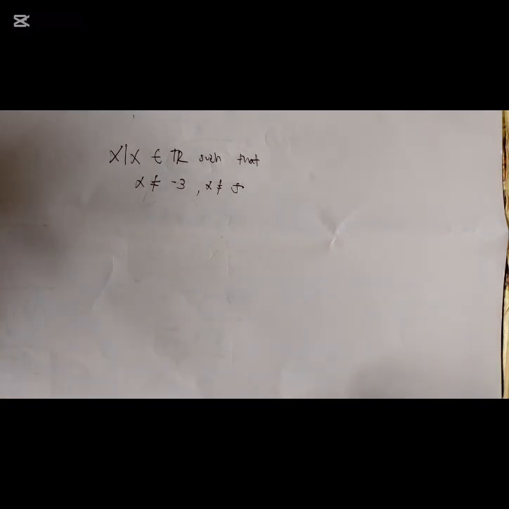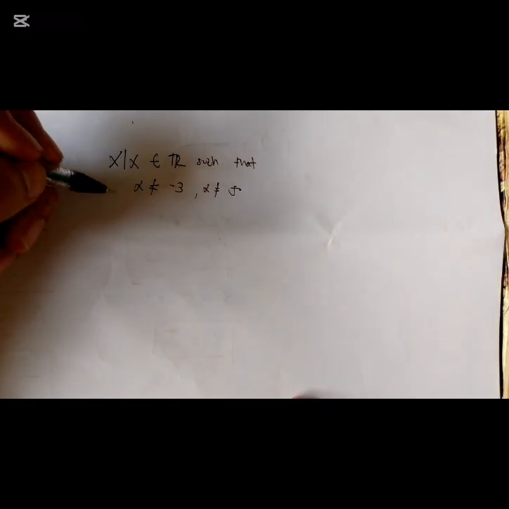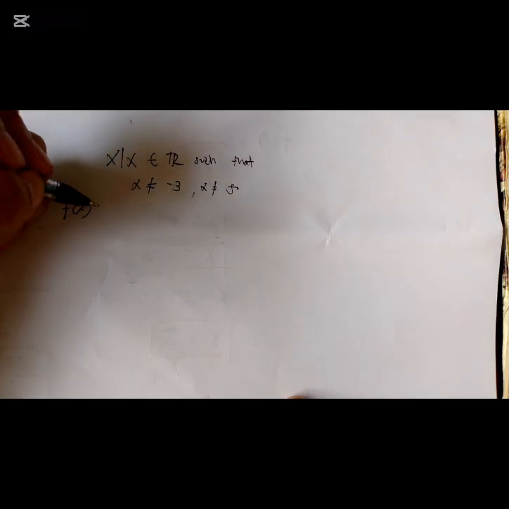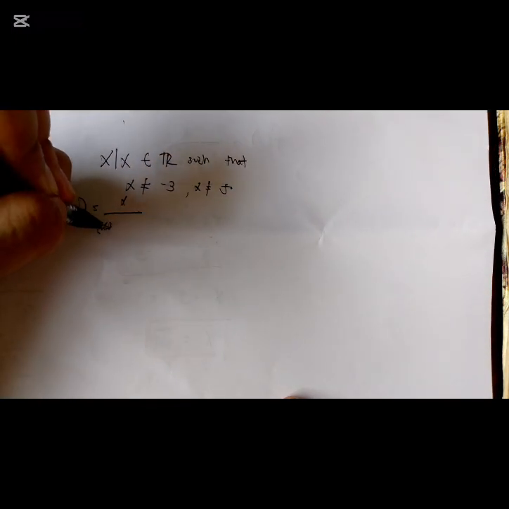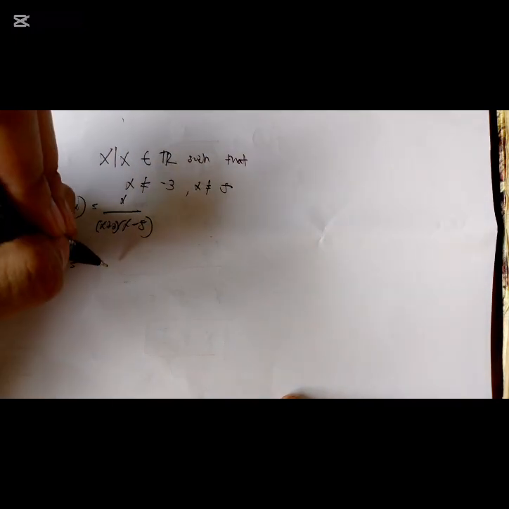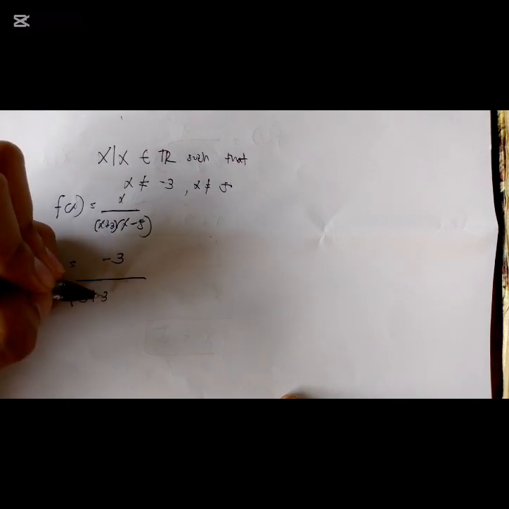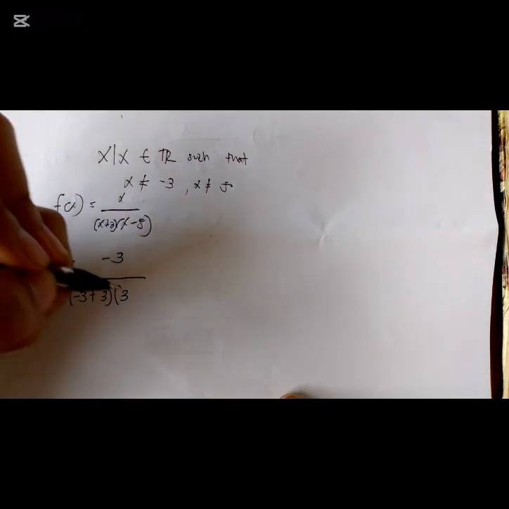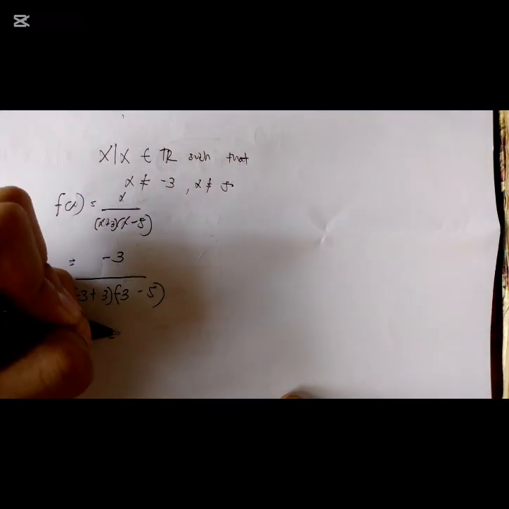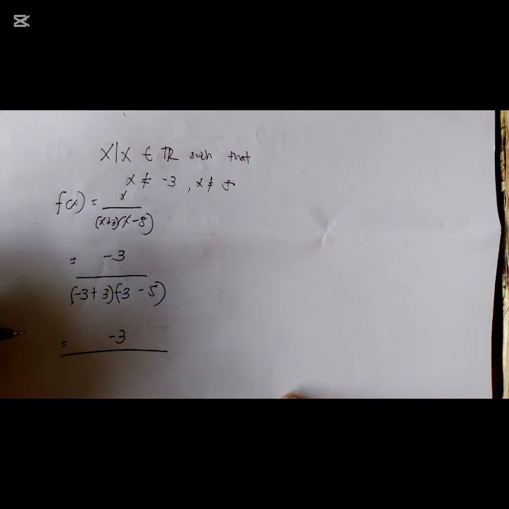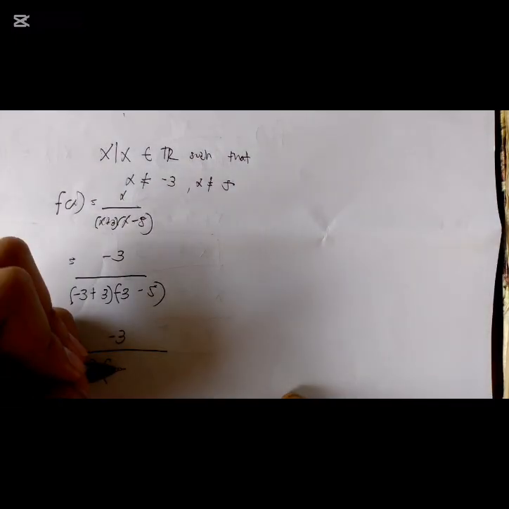So here is the clarification. If f of x is equal to x over (x plus 3)(x minus 5), and we substitute negative 3 into this function, negative 3 plus 3 is 0 and negative 3 minus 5 is negative 8.